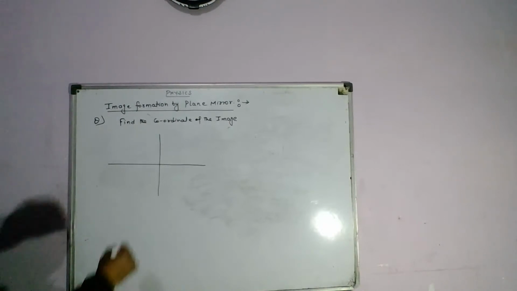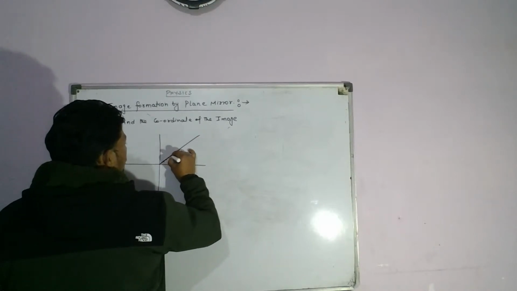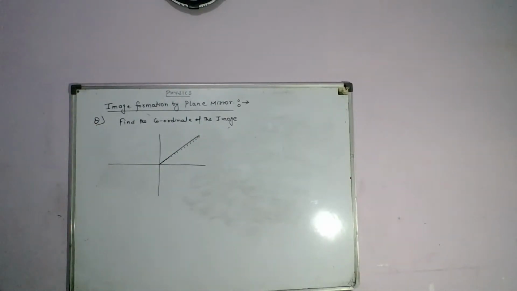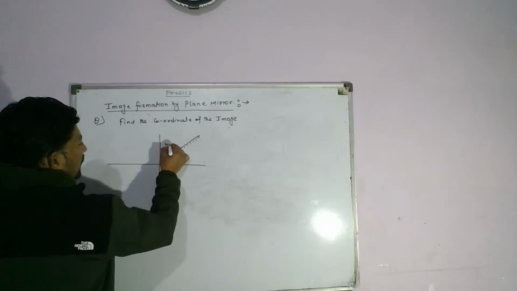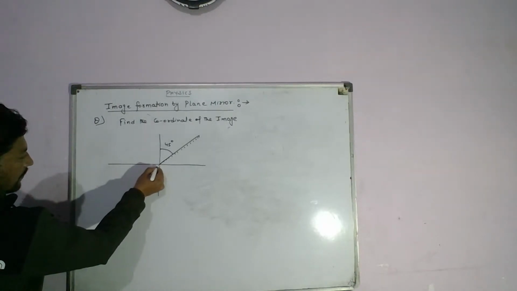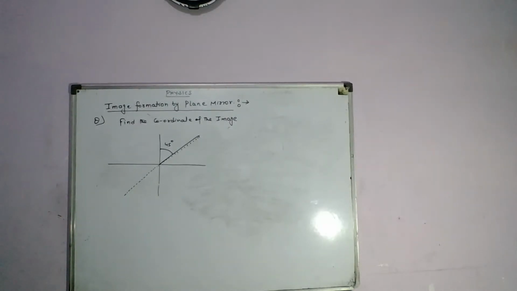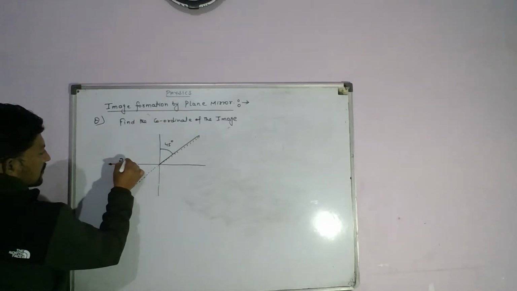So here is a plane mirror with the angle of 45 degrees. This is a plane mirror. This angle is 45 degrees, and this ray, if we spread this ray aside, suppose this distance is 2 centimeter.